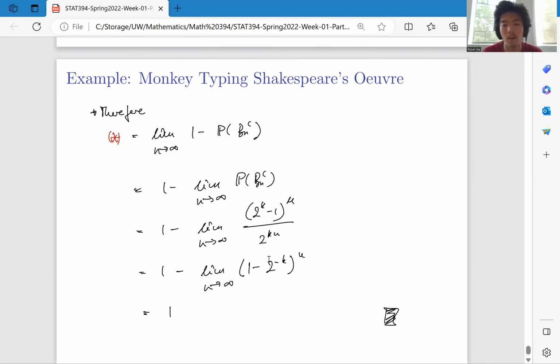So this term will be smaller than 1, obviously. And when a term smaller than 1 is raised to infinite times, it will go to 0. So it's 1 minus 0, and the final answer is 1.